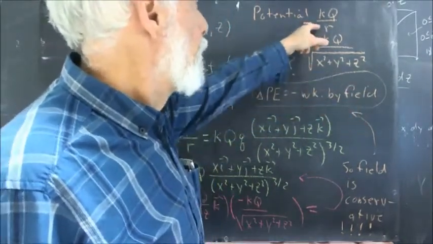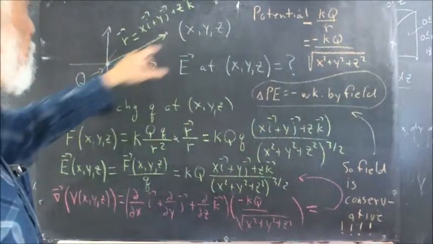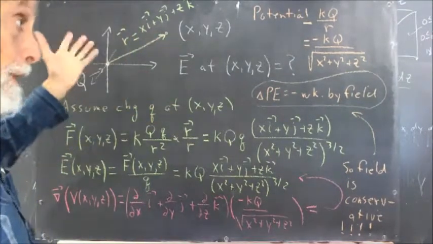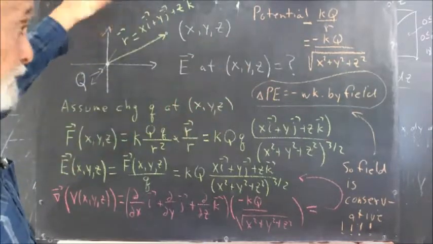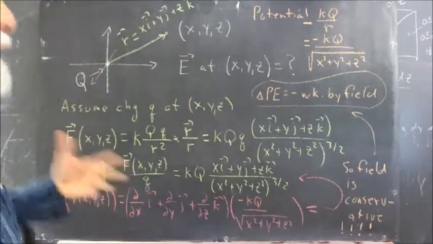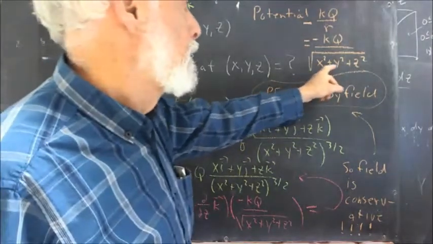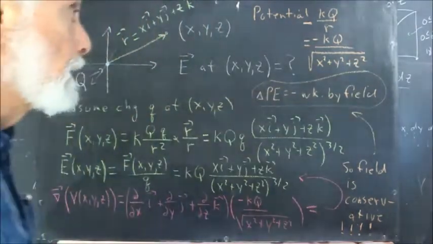That is, R is the distance between the point and the charge. And the distance, by the Pythagorean theorem, is just the square root of x squared plus y squared plus z squared.